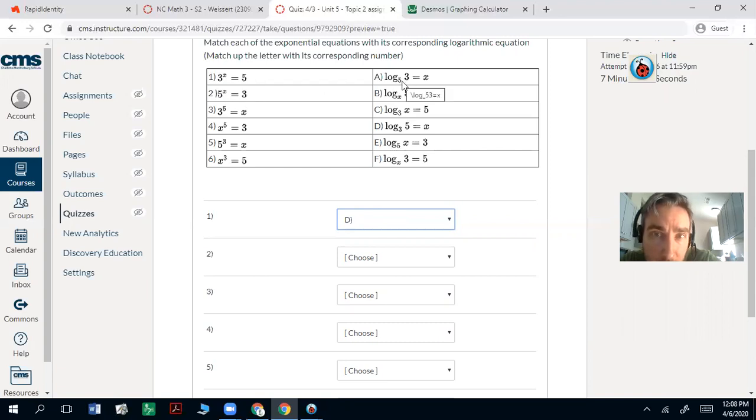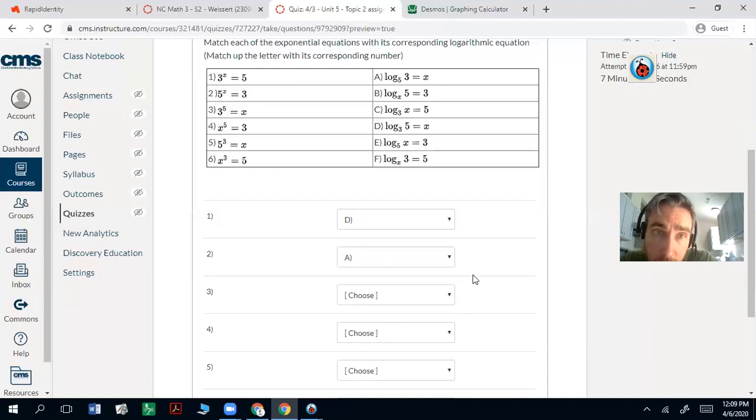So it can't be this one, because 5x here, that's not the same as 5 to the x power. So it's going to be the first one because the way you read letter A is 5, you go out to the other side to that power, and then you come back and you say equals 3. So this is 5 to the x equals 3. It's just a pattern. So 2 is going to be A.